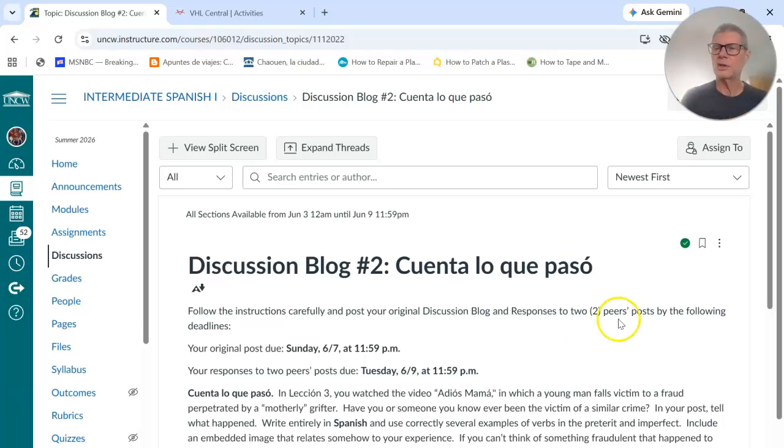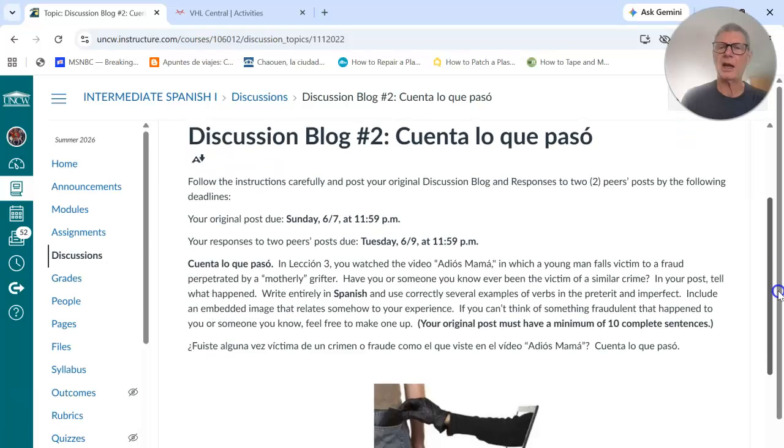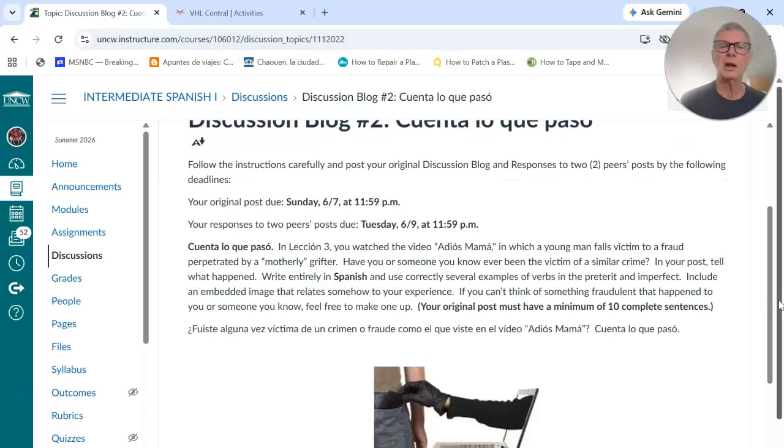Follow the instructions carefully as always, and submit your main blog by Sunday the 7th by midnight, and then 2 responses 2 days later by Tuesday the 9th. So the really hard deadline is the 9th, but you should get your responses up by the 7th.